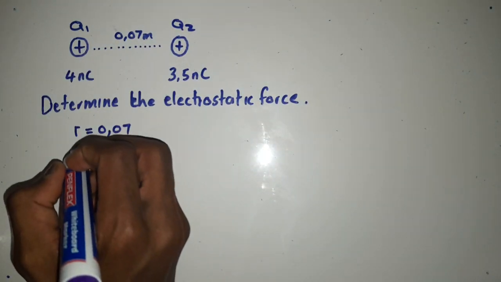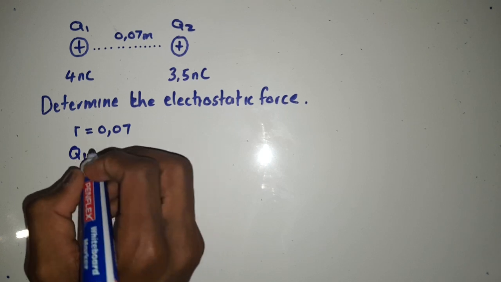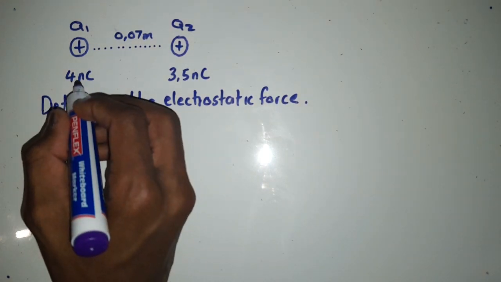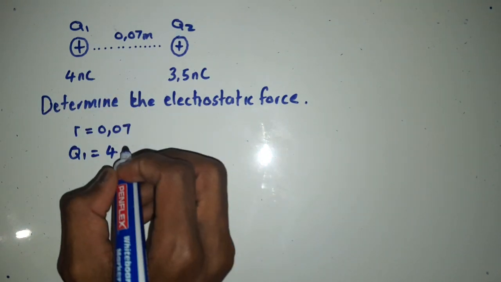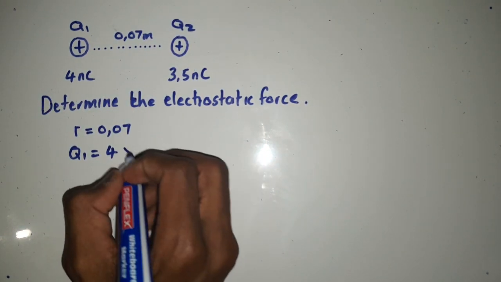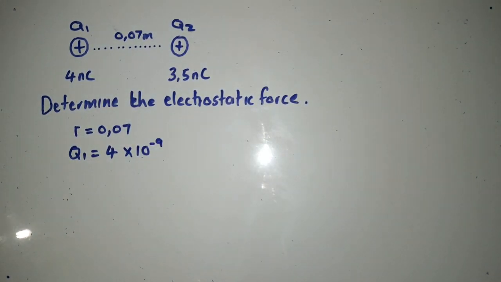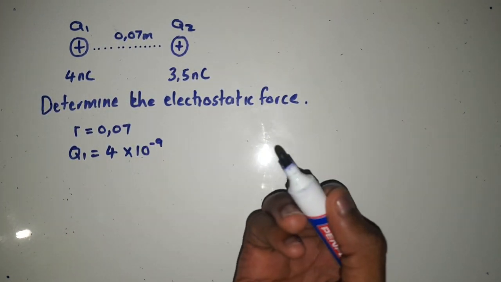Then let us take Q1, and we have 4. We have to change this nanocoulomb to coulomb. We are going to multiply by 10 to the power of minus 9, which is coulomb.